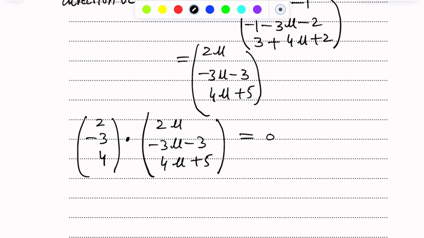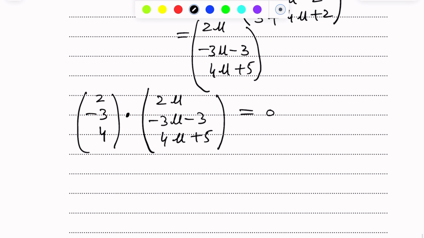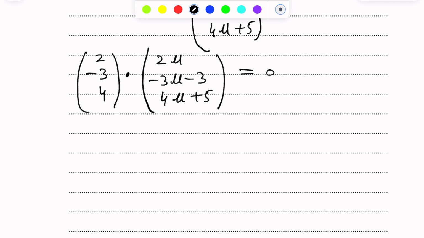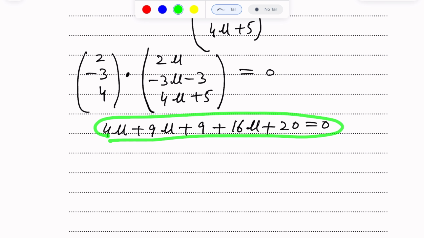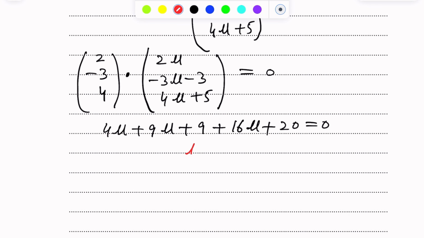Multiplying 2 by 2 mu, minus 3 by minus 3 mu minus 3, and 4 by 4 mu plus 5, and adding, we get 4 mu plus 9 mu plus 9 plus 16 mu plus 20 equals 0. After calculating, we get the value of mu equal to negative 1.